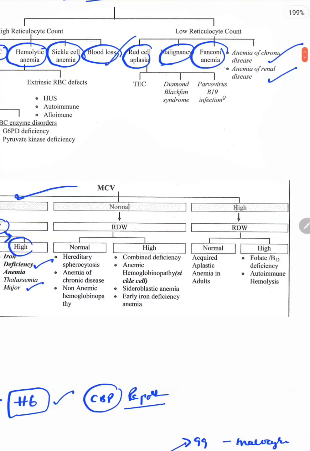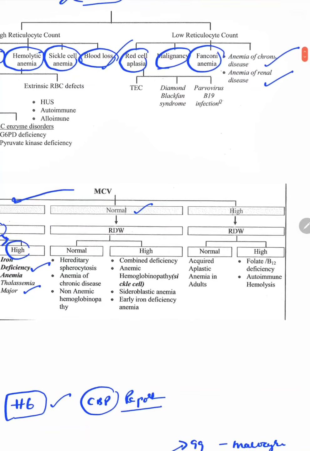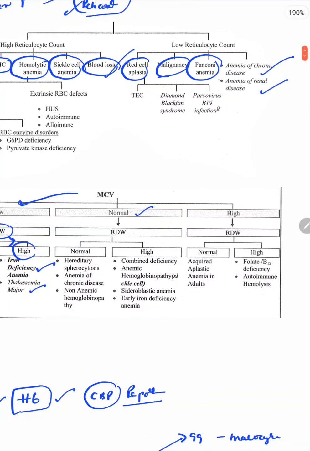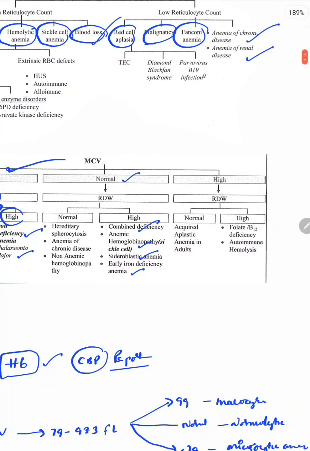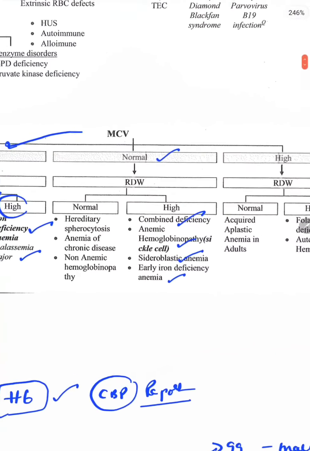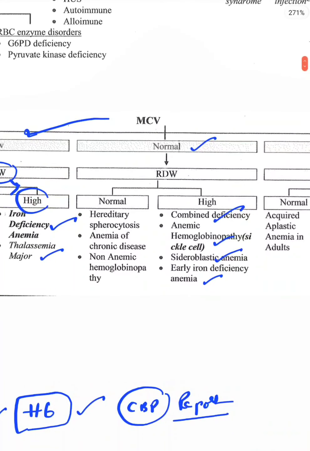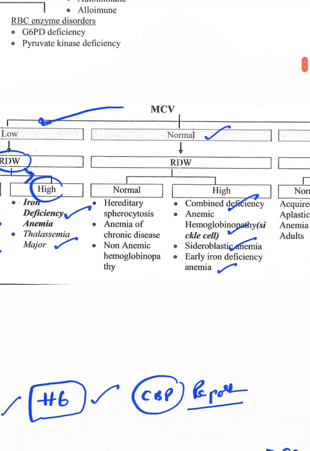Next, if MCV is normal and RDW is high, red cell distribution is high, we consider anemic hemoglobinopathy, sideroblastic anemia, early iron deficiency anemia, and combined deficiency of iron and B12.